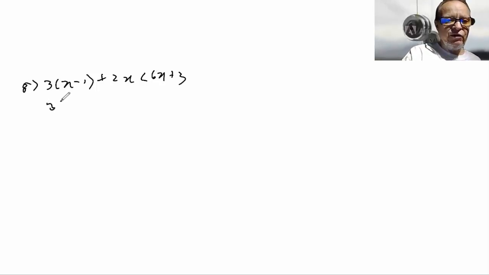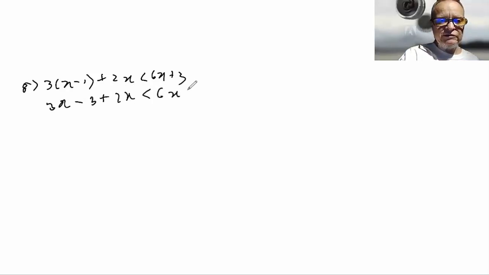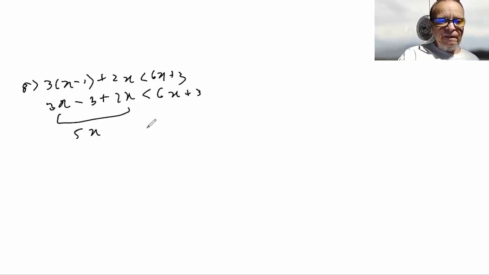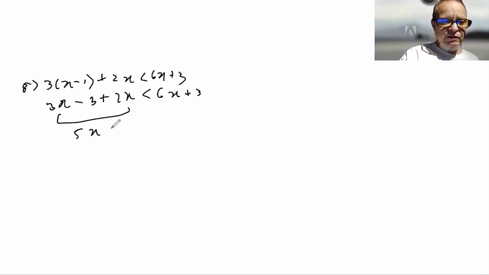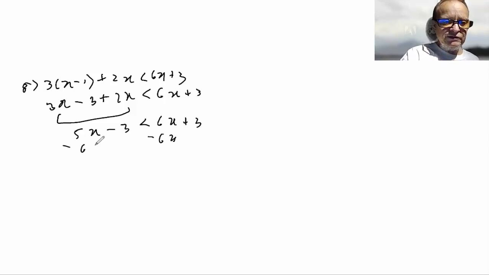So we have 3x minus 3 plus 2x is less than 6x plus 3. And then we bring these two together, 5x minus 3 is less than 6x plus 3, minus 6x, minus 6x.